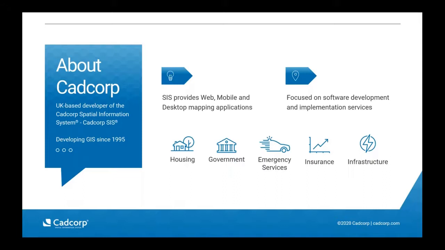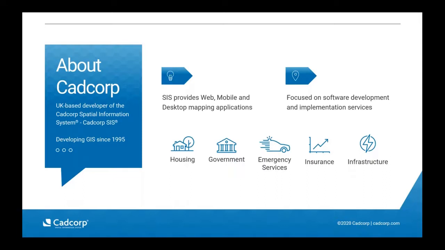These are the main markets that we work with in the UK. We have partners and distributors that use Cadcorp technology for their customers around the rest of the world as well. But in the UK we talk to these sectors, and we can see many of you from these individual sectors joining us today, which is great.